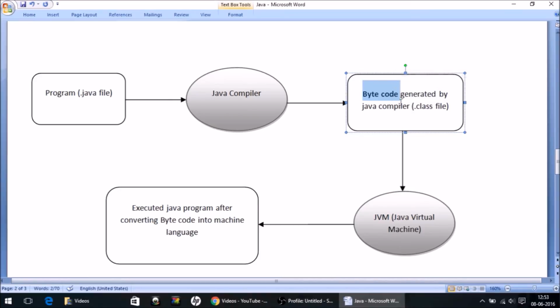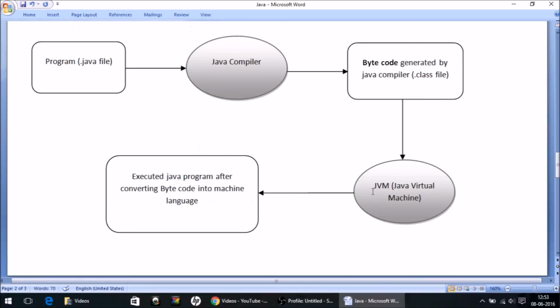And since it is not machine code, the machine cannot understand it. And since the machine cannot understand it, we cannot have it executed. In order to execute this bytecode, we need another software, or we have another software called JVM. It is called Java Virtual Machine. And what is the job of JVM? It takes the bytecode and then the bytecode is executed.